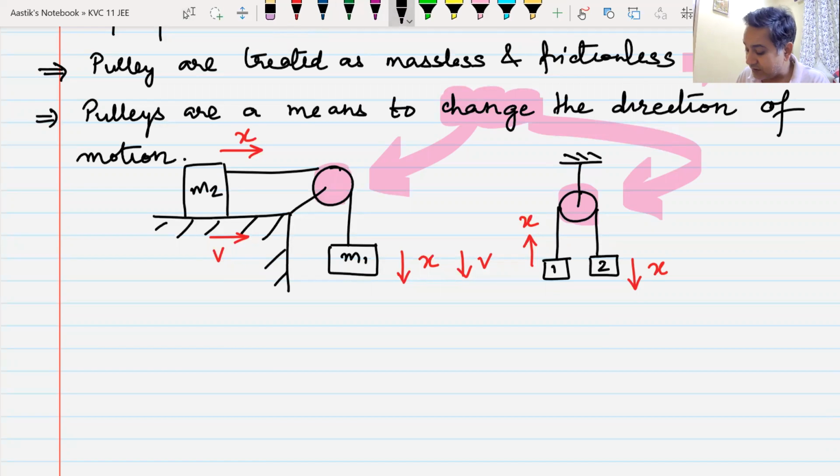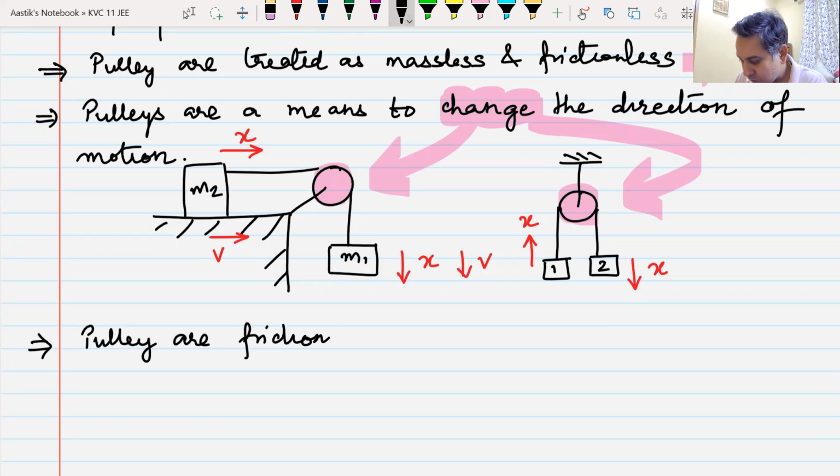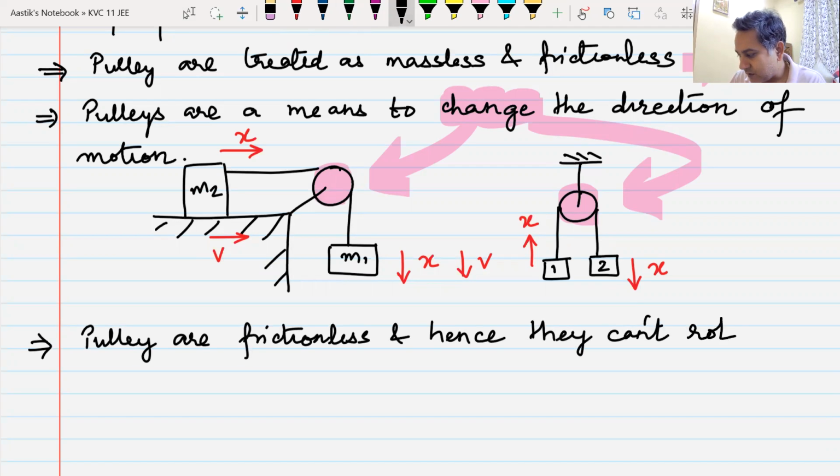The next point you have to understand about a pulley is that pulleys are frictionless, and hence they cannot rotate. In this chapter, our pulleys are not going to rotate.